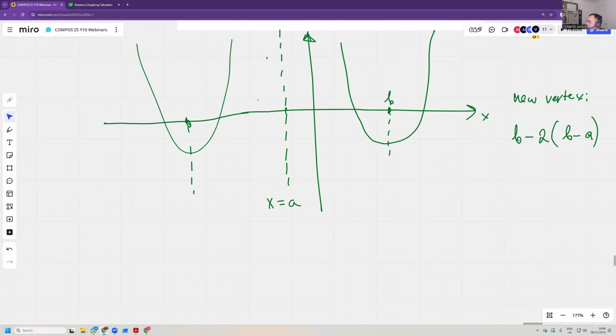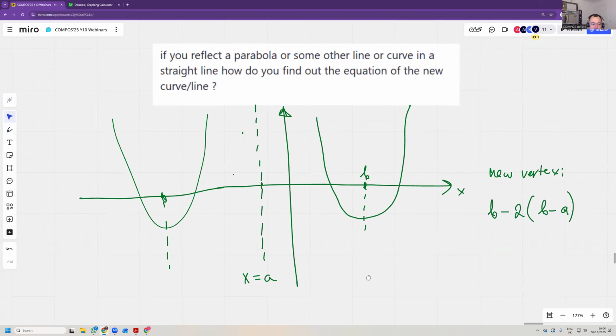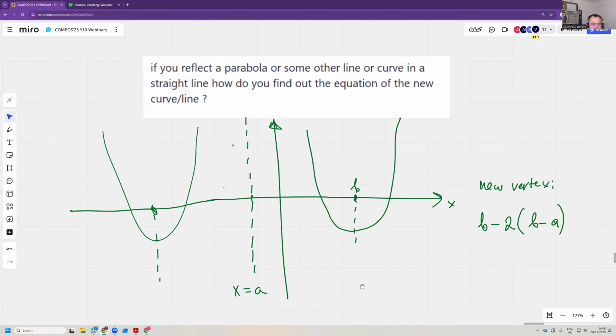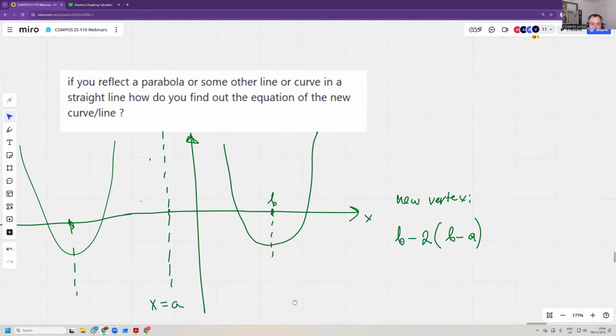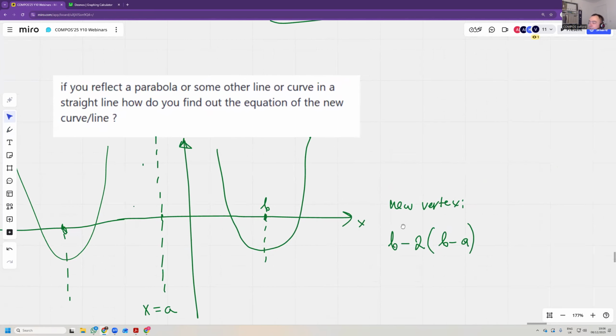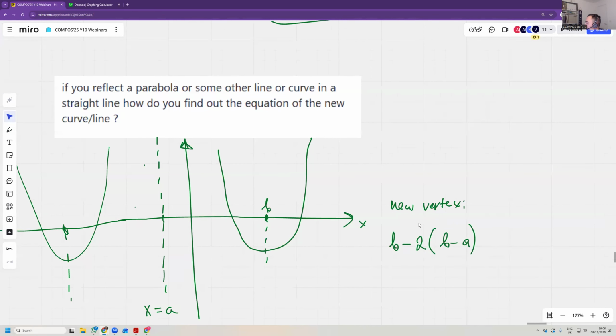Is that what you're referring to, Kevin? Is that what you were asking, how to do this? Or are you asking a different question? Are you referring to any particular problem, maybe? If the line was slanted, reflect a parabola if the line was slanted.